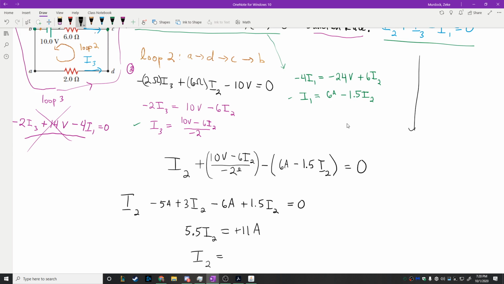Is that 0.2? Can y'all help me out with that? Is that right? Ah, 11 divided by 5.5, so it's like 110 divided by 55, yeah, you're right. Just 2 amps.